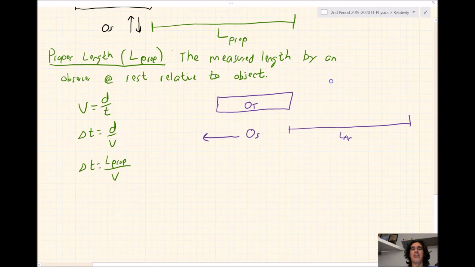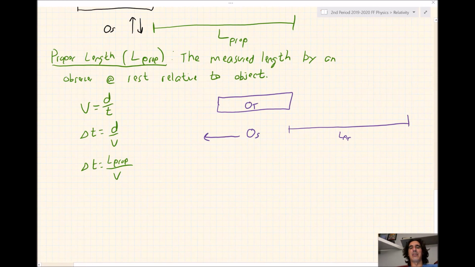So what we want to do is figure out what happens to the length that the person inside the train travels from their perspective. Now from above, if we're looking at the person's perspective inside the train, their clock is just moving up and down, which is the proper time.